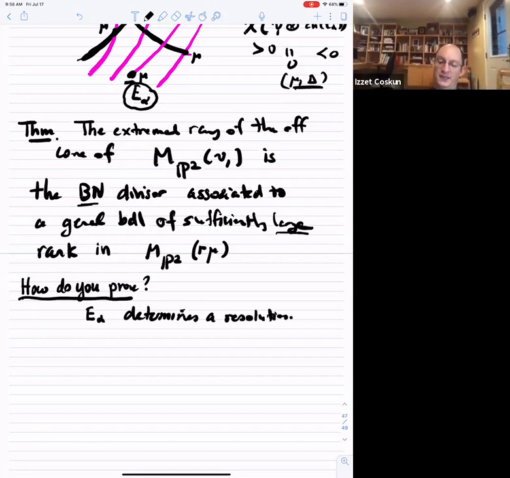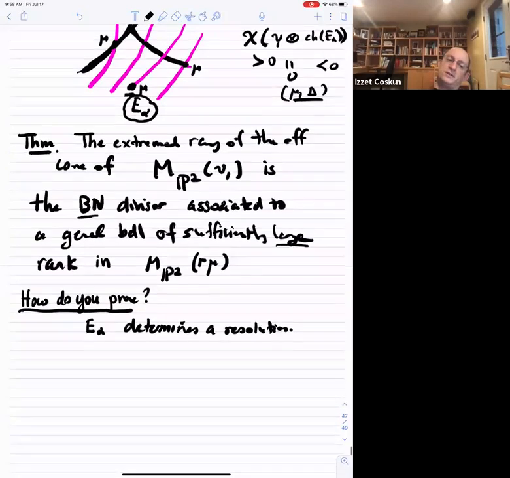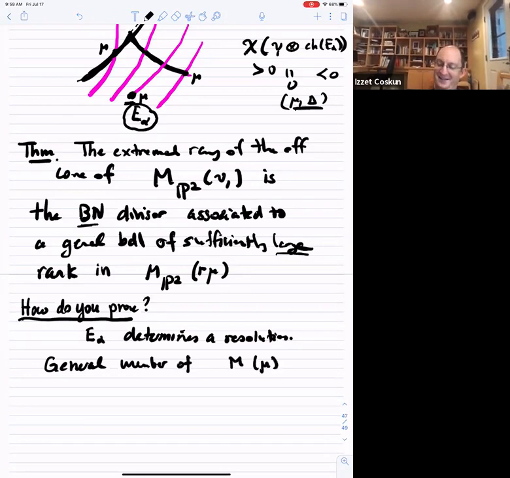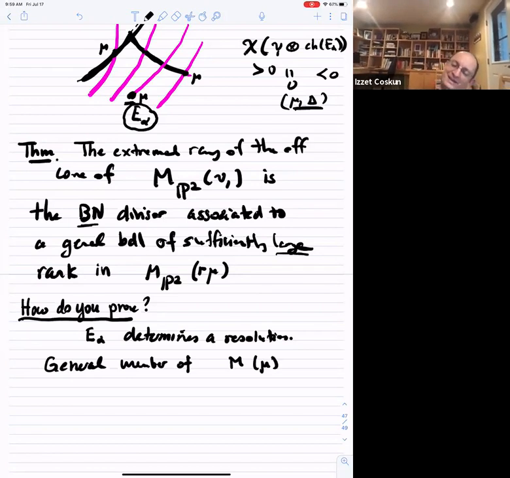So there are two things that happen. So first of all, the general member of the moduli space, let me write it as M mu if you don't mind, I should say really R mu, in this moduli space M mu has a nice resolution.